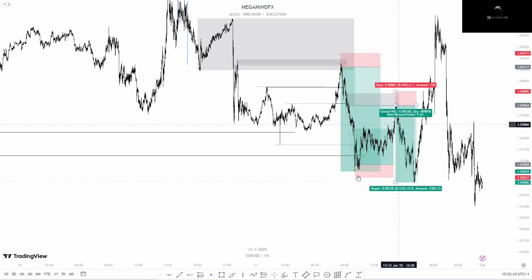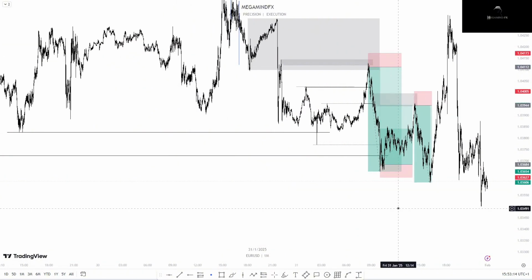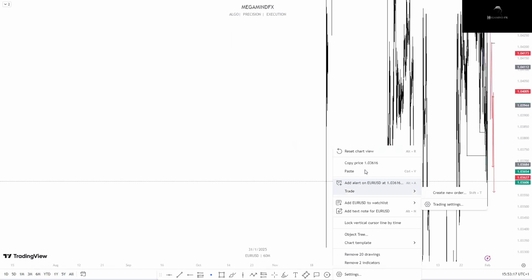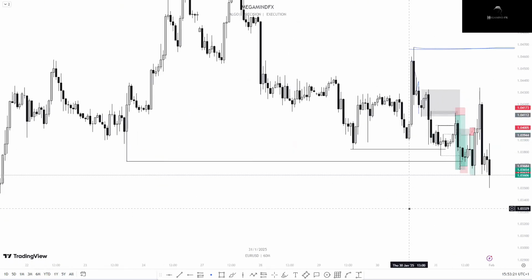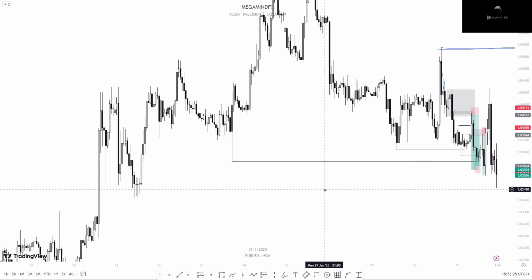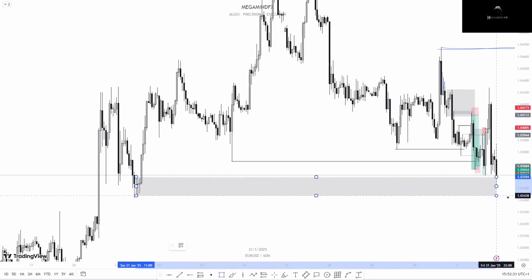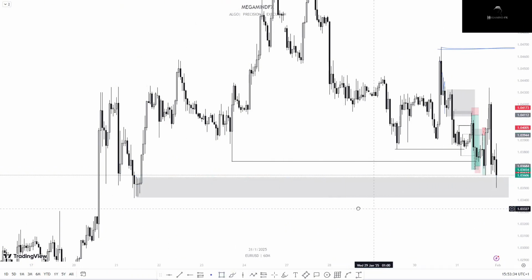Now I was also waiting for price to get into these levels, and I'm still studying this thing. I'm just about to share with you. I'm still studying it, making my findings, and I've seen it happen a couple of times, and it's very, very powerful. I'm going to start engaging it as soon as I see it. So I was waiting for price to come into these levels here, at least the extreme of this level, so that I can take my buy.